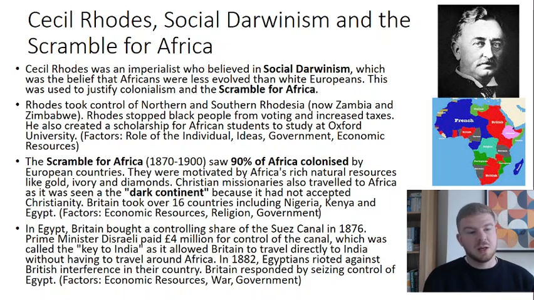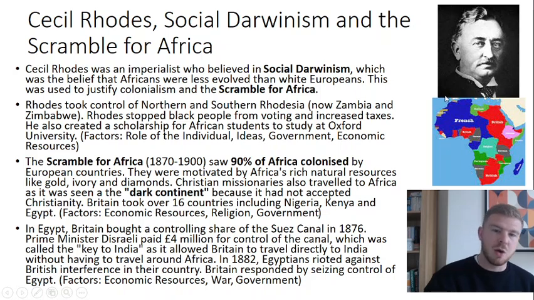Egypt I want to talk about particularly. In Egypt, Britain had already bought a controlling share of the Suez Canal. The Suez Canal was in the news relatively recently because a large container ship got stuck in it and stopped loads of trade. But the Suez Canal is really important because it allows countries to trade around, particularly for Britain to get to India without having to go, on our map on the right hand side, all the way around the bottom of Africa in order to get to the Middle East and to Asia.